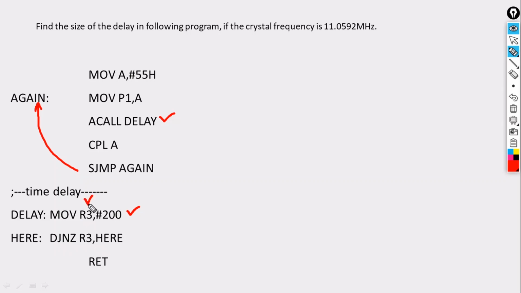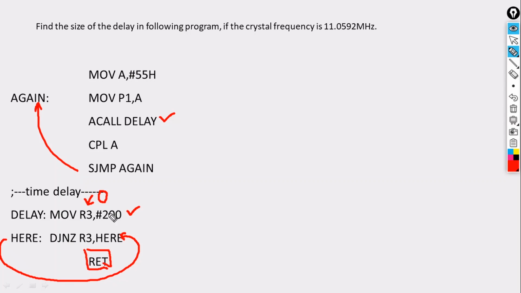R3 has been loaded with 200 as of now. It has to decrement until it becomes 0. Till that time this loop is going to be executed. After completion of this, the return part is going to be executed.